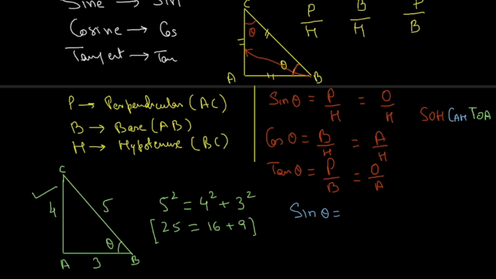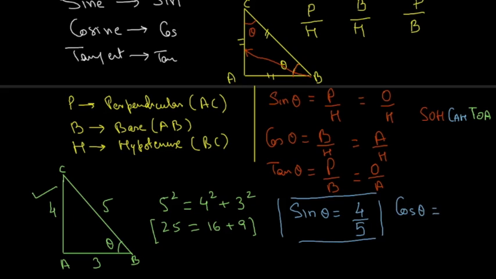Why am I committing mistakes repeatedly? Okay, so the perpendicular is 4 and the hypotenuse is 5. So 4 over 5 is the sine of theta. Then what is cos theta?